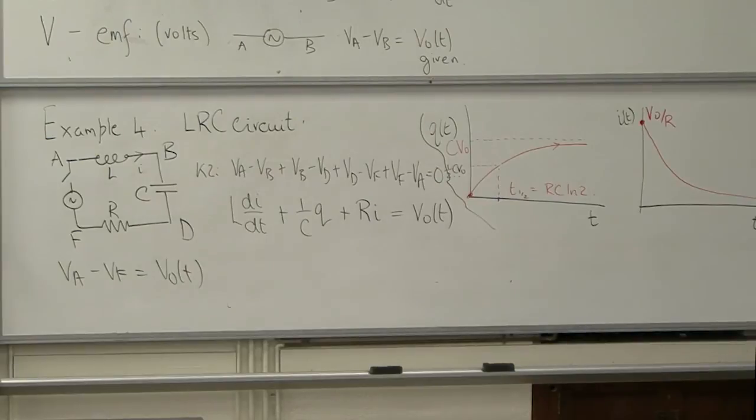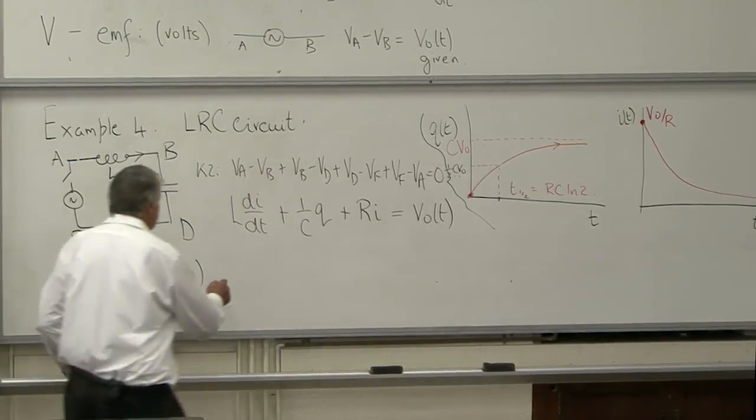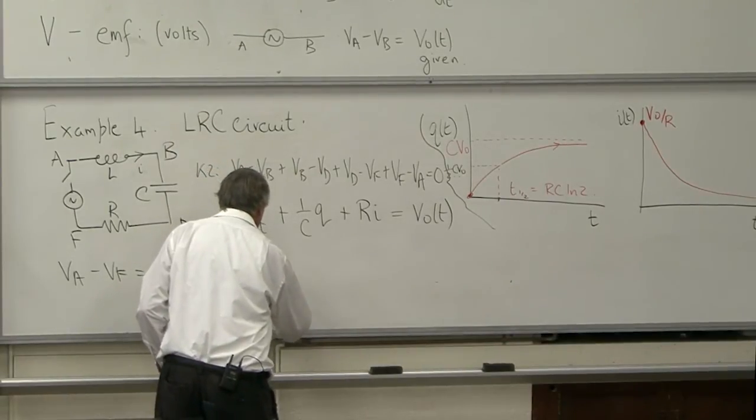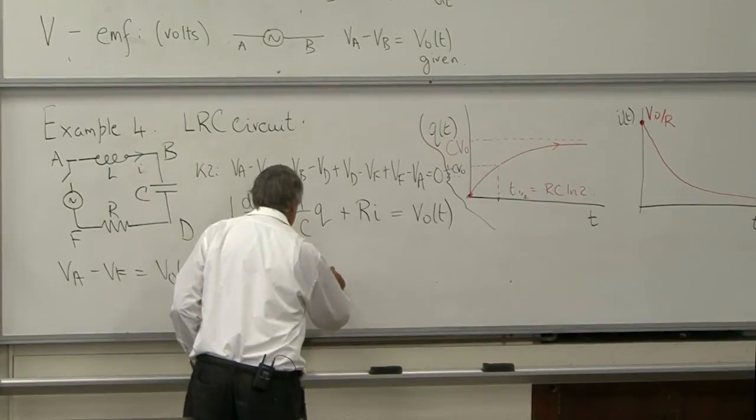Again, I is dq by dt, so this becomes a second order equation for Q, a second order ordinary differential equation.